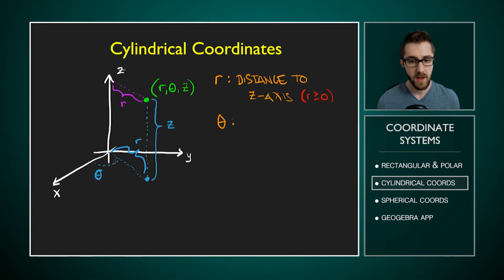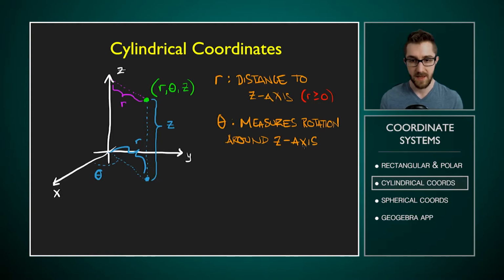For theta, before we were measuring the angle made with the positive x-axis. That doesn't make much sense for a point that's floating up here where this green point is. You could think of it as the angle with the positive x side of the xz plane, but that's also wordy. The way I like to write this is theta is an angle that measures rotation around the z-axis. So as you rotate counterclockwise around the z-axis like this, your theta angle is increasing.